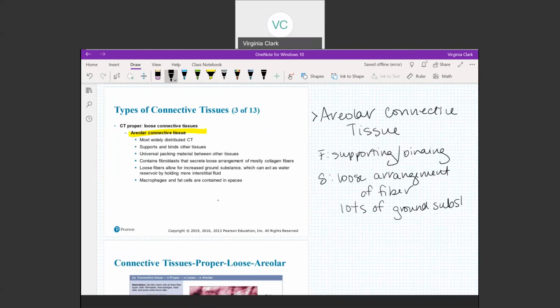Where you find this is actually a lot of places. This is going to be the most widely distributed type of connective tissue. So if connective tissue is the main type of tissue we have, this areolar connective tissue is the most widely distributed type of connective tissue.